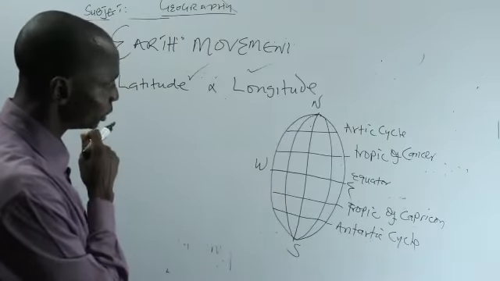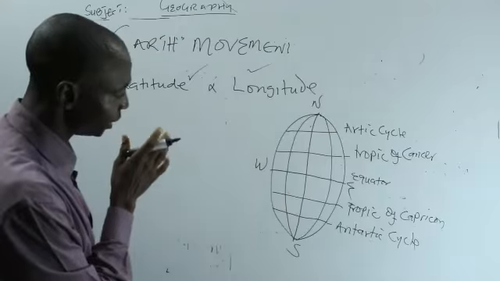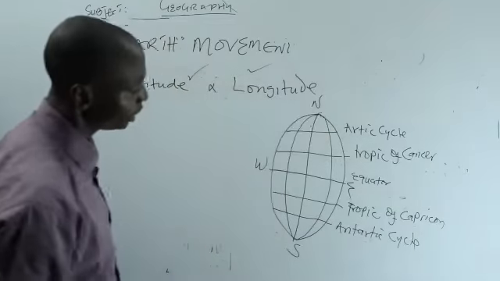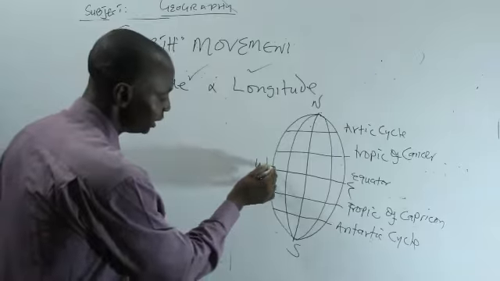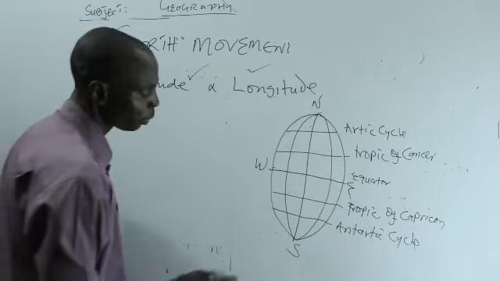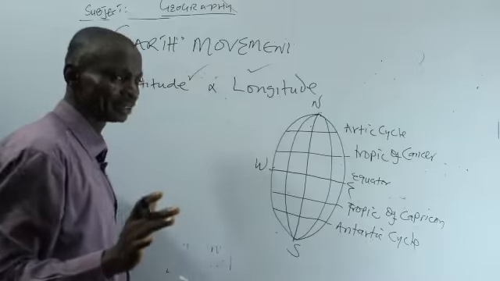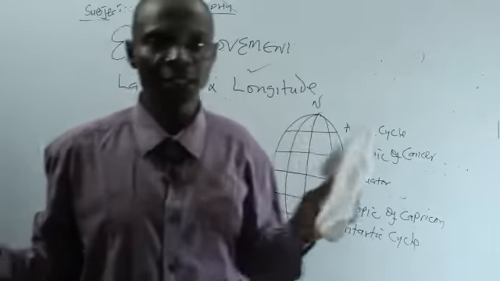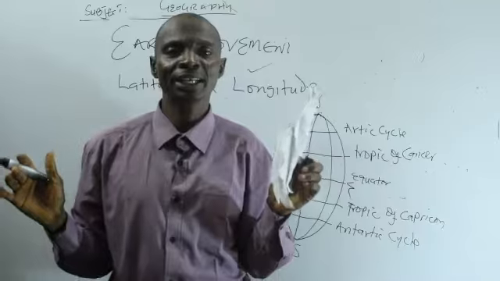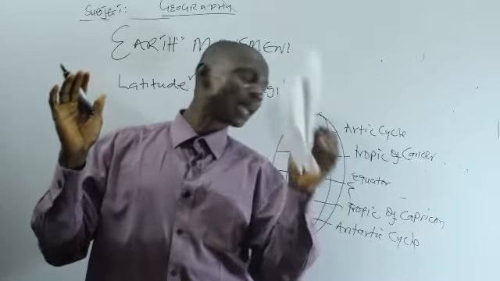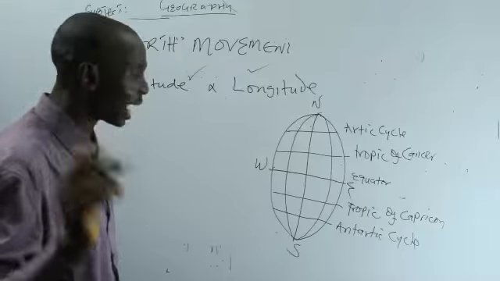Remember when I was discussing the shape of the earth, I told us that from this to this we call it the northern hemisphere, while from this to this we call it the southern hemisphere. Now the earth is tilted. The earth does not stand erect the way I'm standing. But what the earth does is that it's tilted, it's bent, and it bends at an angle.